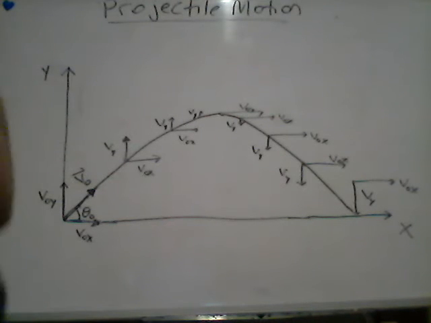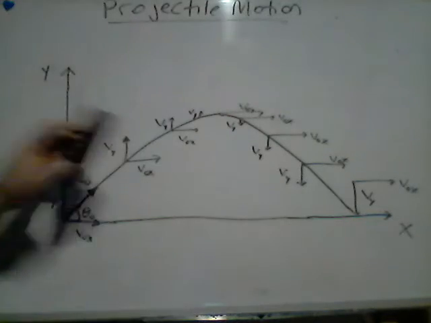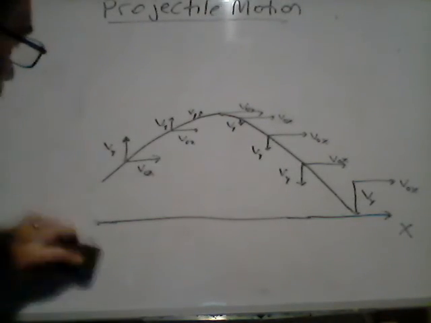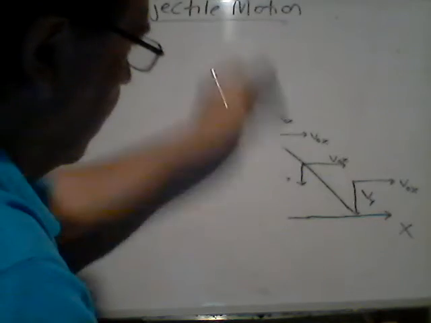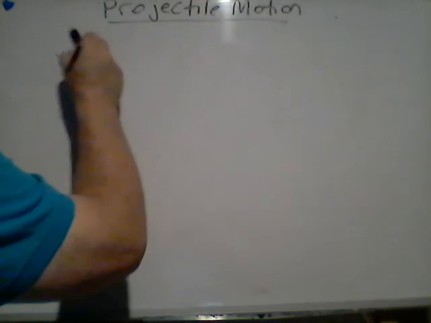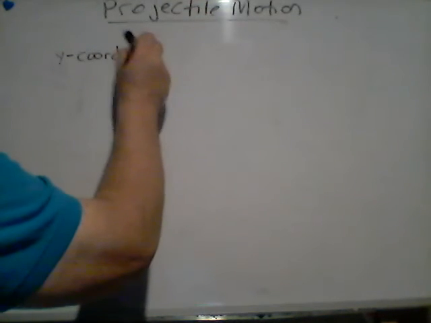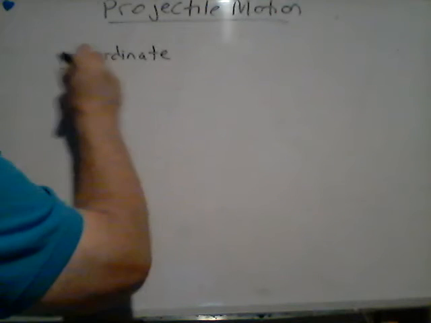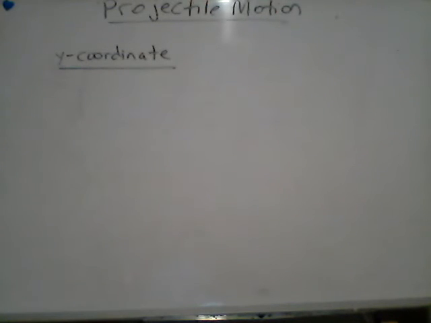Now, how do I analyze this mathematically? I'm going to erase my drawing here, and let's talk about the mathematics involved in projectile motion. We understand qualitatively how this works. So in the y coordinate, what equations apply? In the y coordinate, we would expect to see free fall.